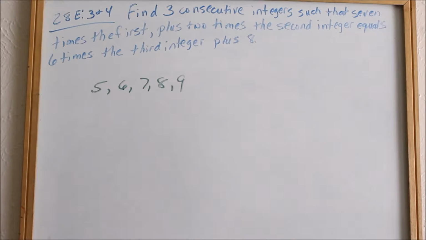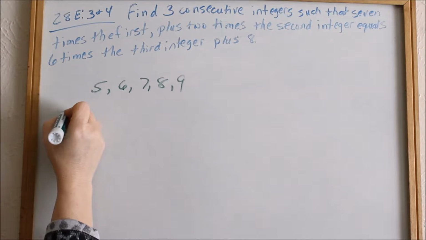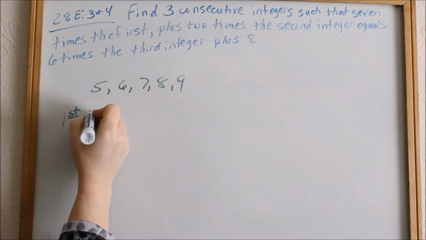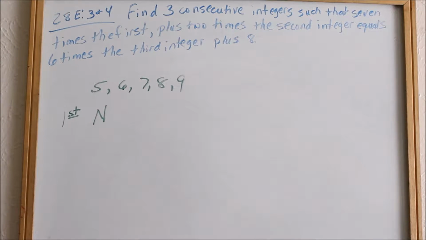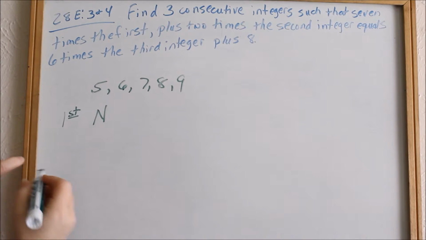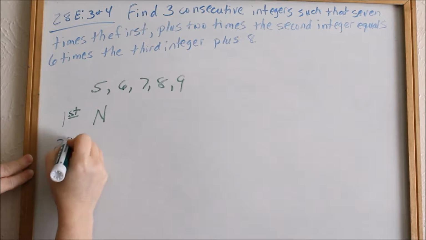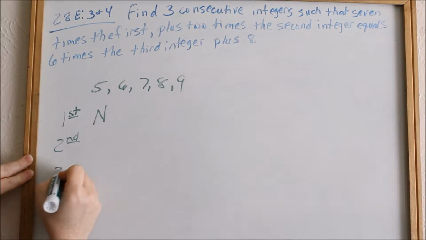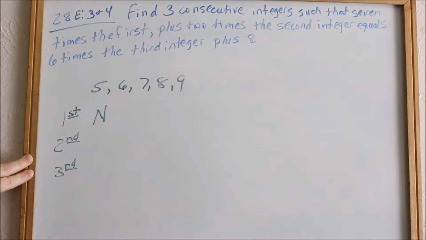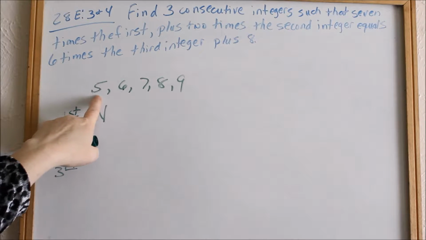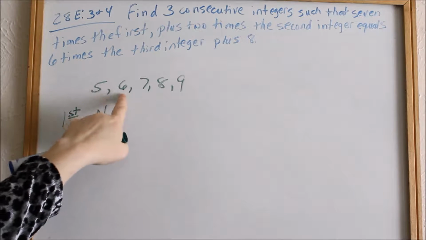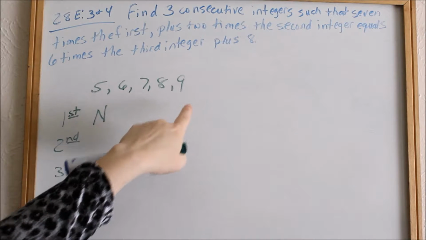I added 1. So we don't know what our 3 consecutive integers are, so our first integer is n. We only want 3. If I have consecutive integers, how did I get to the next number? I add 1 every time.